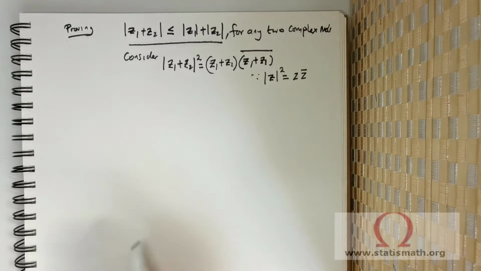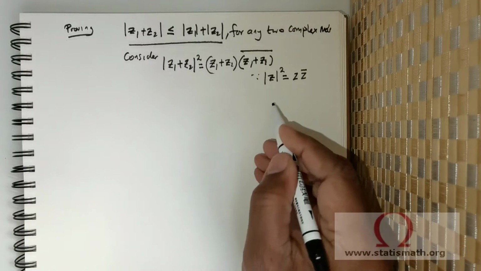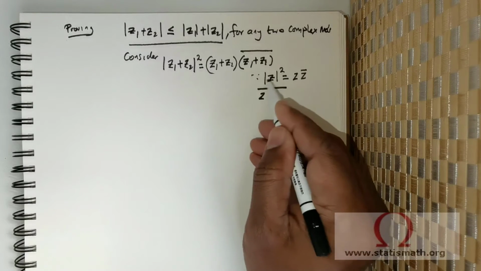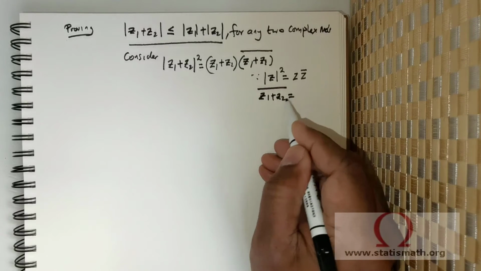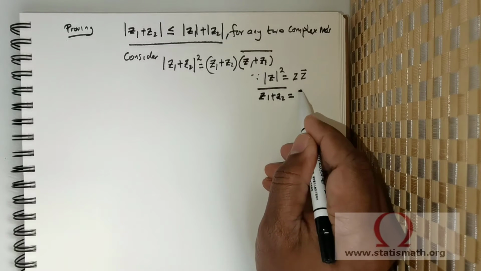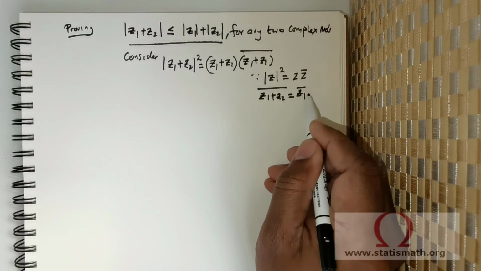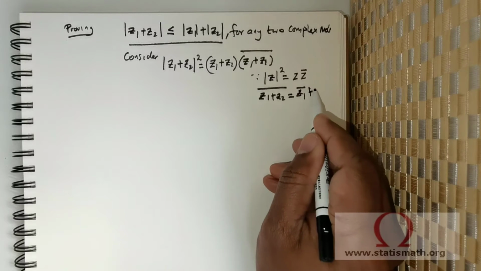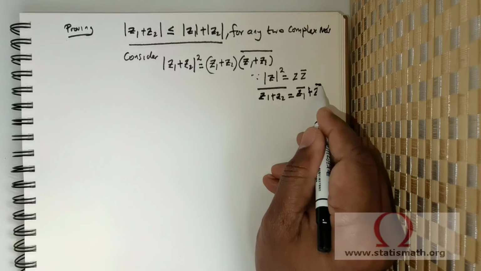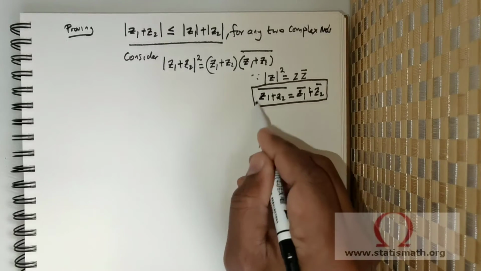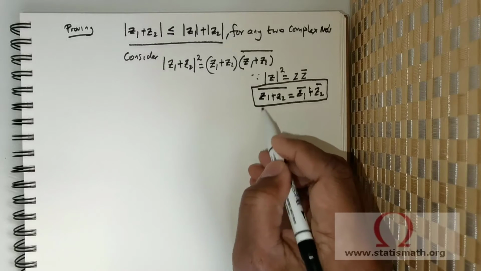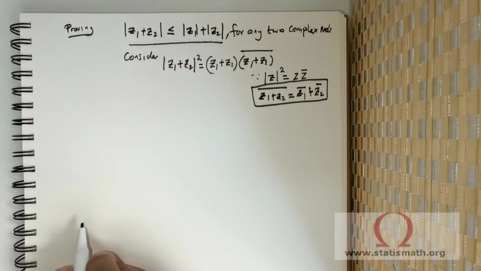Now, you have to understand that the conjugate of a sum of complex numbers is equal to the sum of the conjugates, that is z1 conjugate added with z2 conjugate. This is another property, and it can also be proved, so just remember these properties.